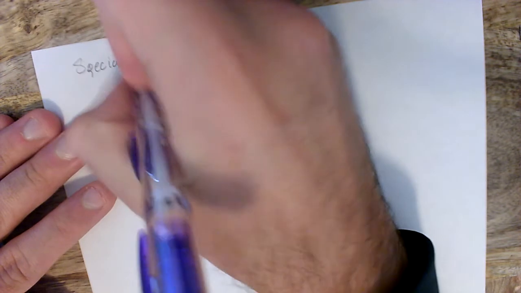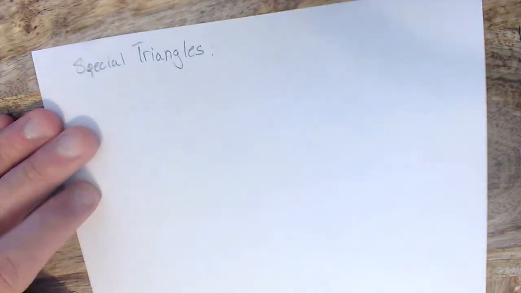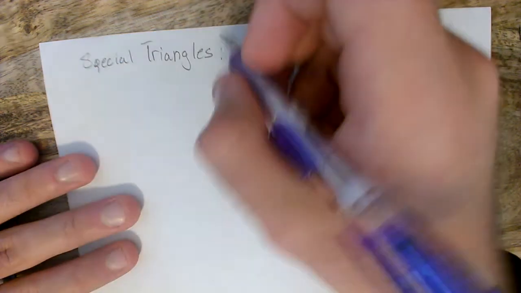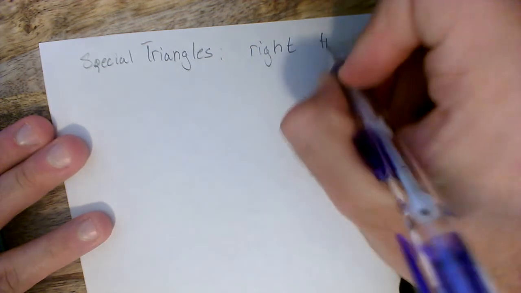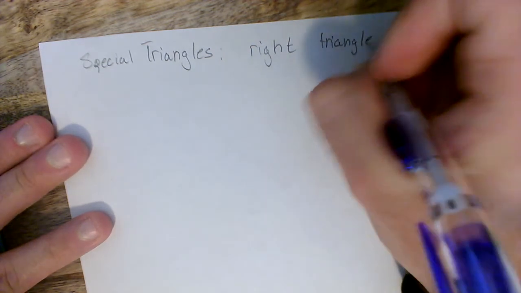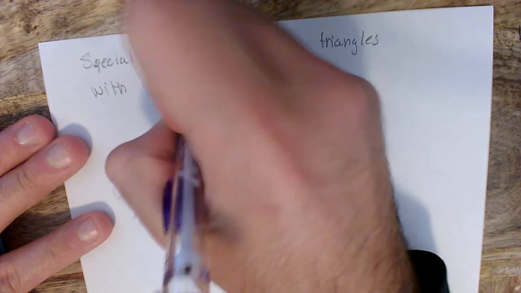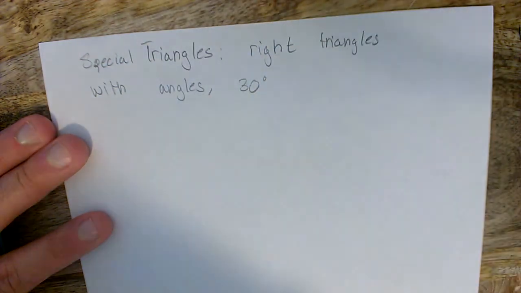Okay, so now I'd like to talk about some special triangles. The special triangles include right triangles with angles 30 degrees, which I'll give you in radians too.